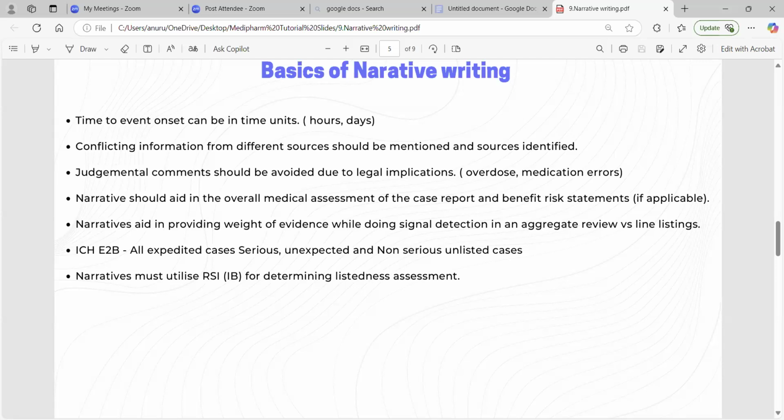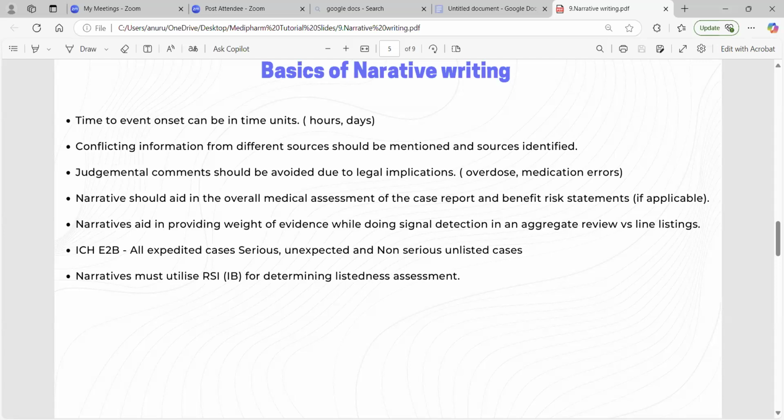Suppose a patient has taken metformin, which is our product, at 9 p.m. at bedtime, and the patient has an event of bloating the next morning around 6 a.m. So now you have a latency of 9 hours.